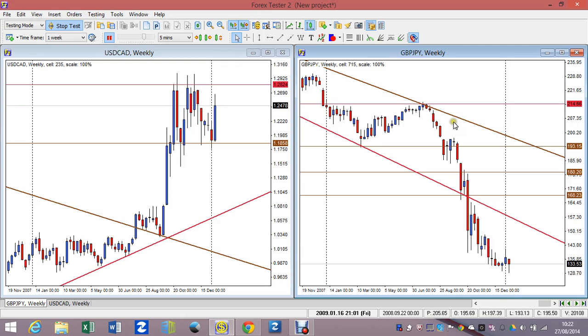Pound yen, big strong move down on the pound yen here. A small pin there. Struggling to close below this level here. This is not a good enough preceding trend for me. It may very well work out, but I'm more interested in the pound yen there at that particular time.